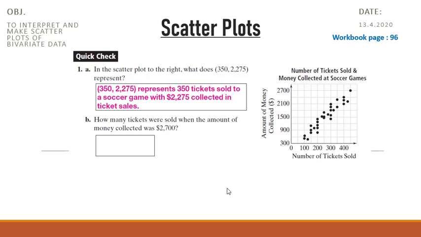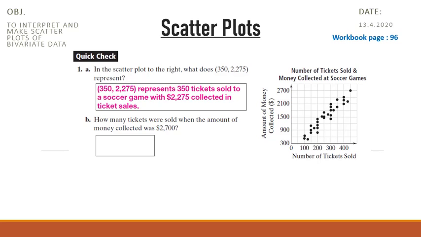The answer is 415 because 2,275 divided by 350 will equal 6.5. Divided? No, we are not going to do division here. We have a graph. We have a scatter plot. We have a point related with this number. This is dollars, so this is money. 2700 is this point. Can you see this point?